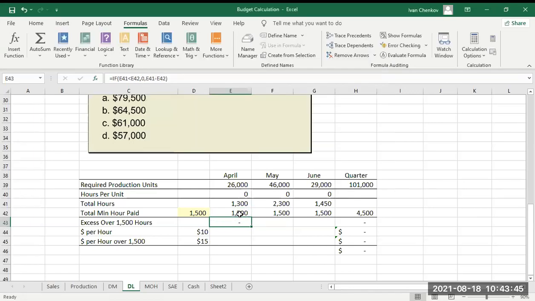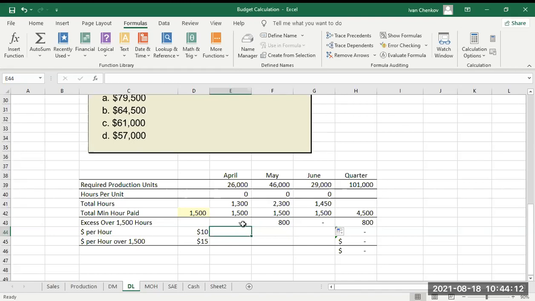So if I flip this formula all the way to the end, the only month that I have excess over 1,500, which is our minimum, is May. On May, I have 800 hours more. So for the first 1,500, I'm going to pay $10, right? 15,000.